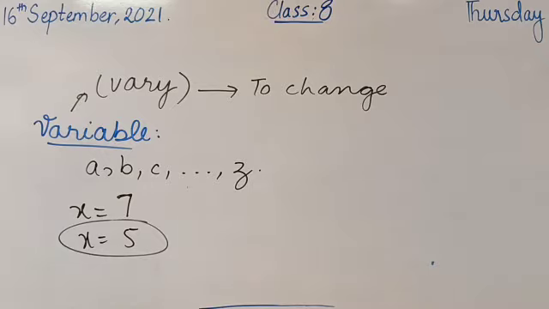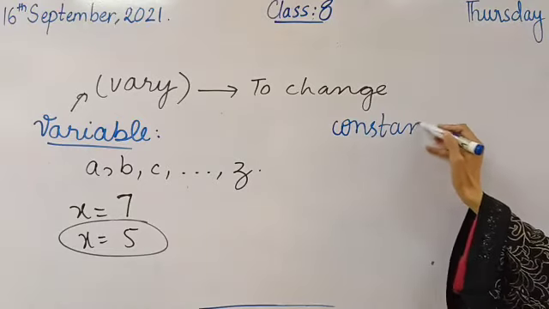Mostly we use letters to represent variables, and it is used to represent a quantity that may have an infinite number of values. For example, x may have the value 7, 5, 8, 10 and so on according to the given conditions. So a variable is a quantity that changes. Okay. So all alphabets are used to represent variables.